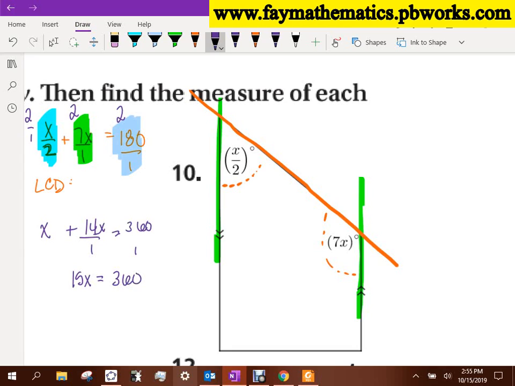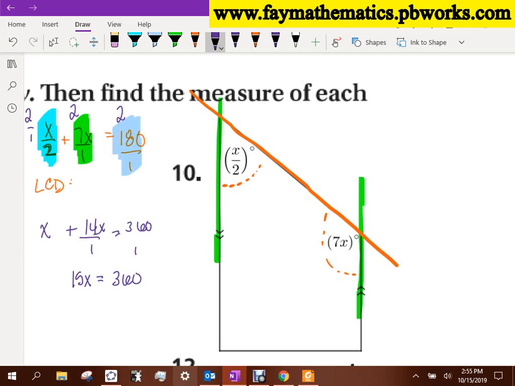So 6, 4, 24, yeah. Okay. So that quick math there, what I was doing is, I know 15 times 6 is 90. I know 360 is divisible by 90 by 4. So then I take the 6 times 4 is 24.